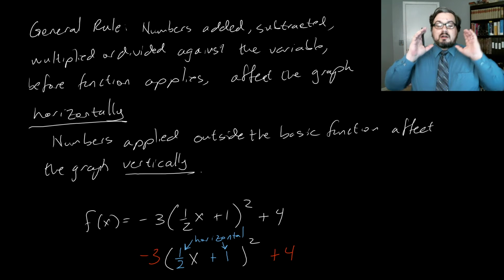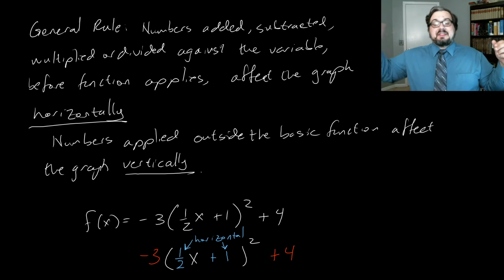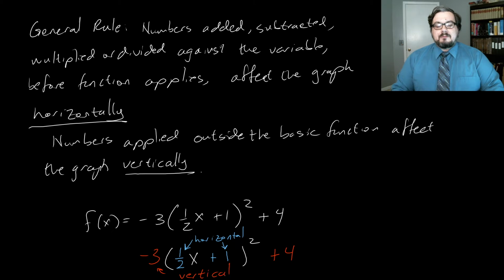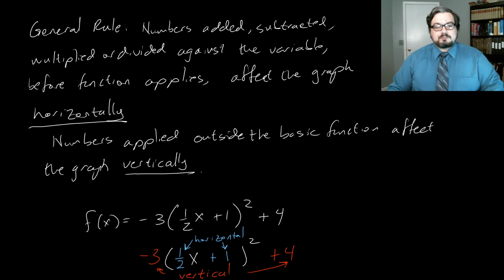We have our expression 1/2 x plus 1, we square it, and then after we square it in this expression, then we multiply by a -3, and then we add a 4, and those 2 numbers are going to affect the graph vertically. They're going to accomplish changes in the graph in the vertical direction. So moving up or moving down, stretching or squashing in the vertical direction, etc.